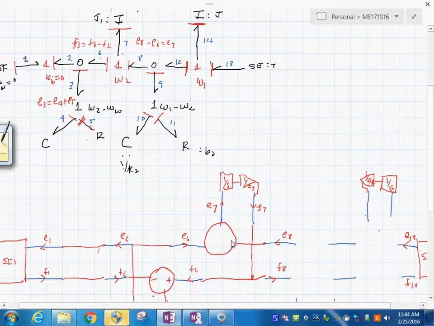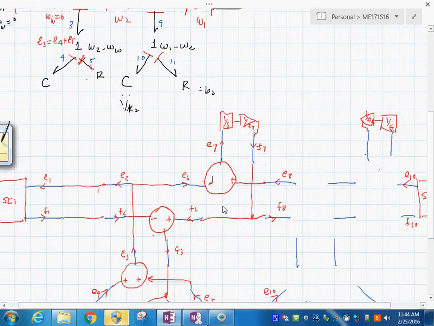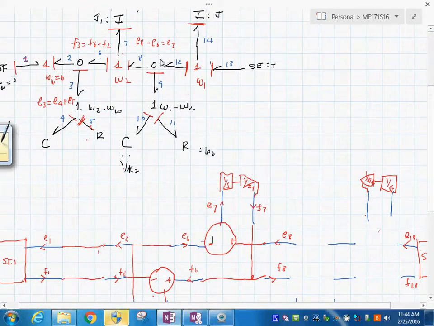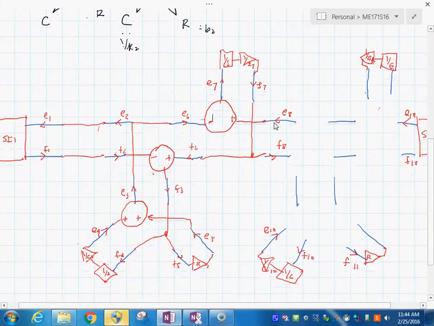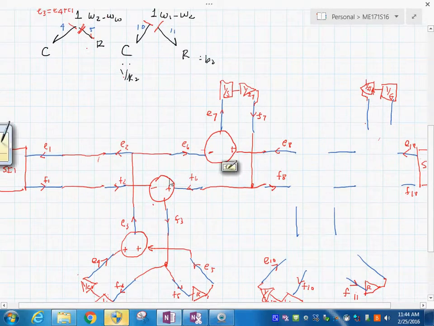Looking at the equation again, it says that F sub 9 is equal to F sub 12 minus F sub 8.